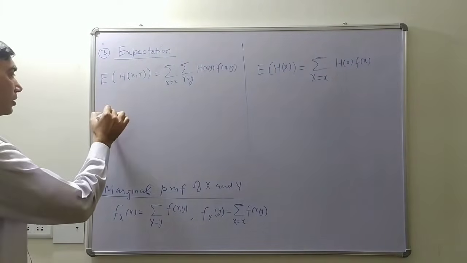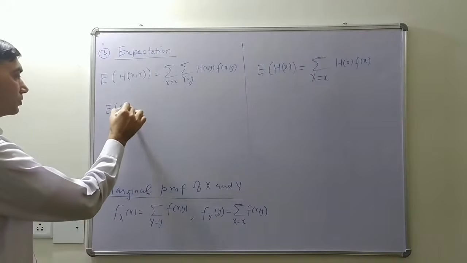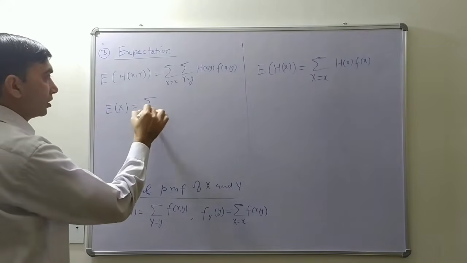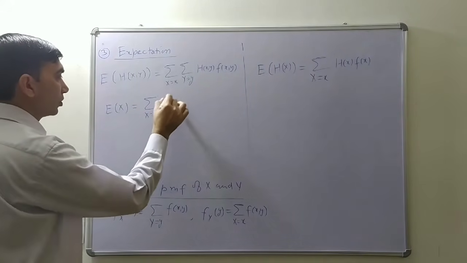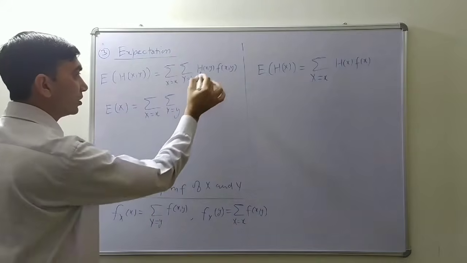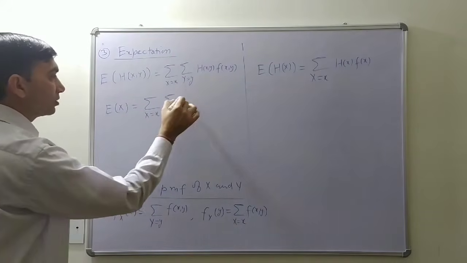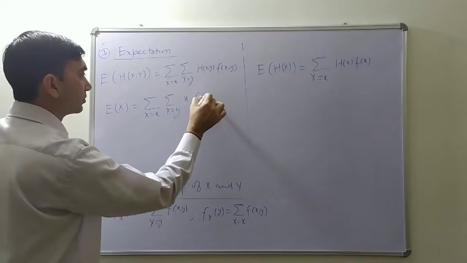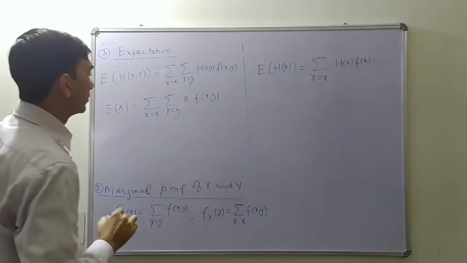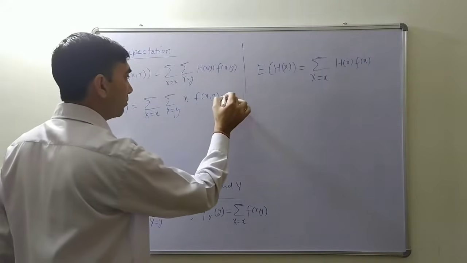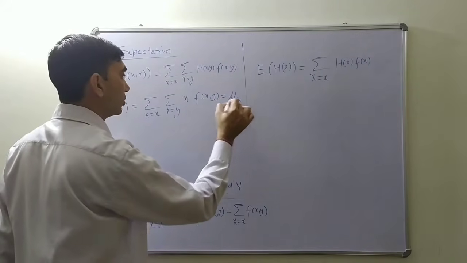In particular, expectation of x is summation over x, summation over y, where this h(x,y) is replaced by x. This is called mean of x. Here we give the notation mu x.